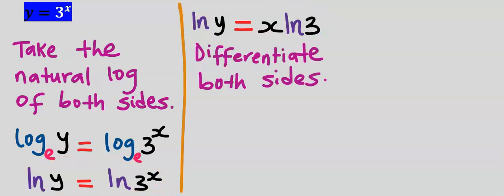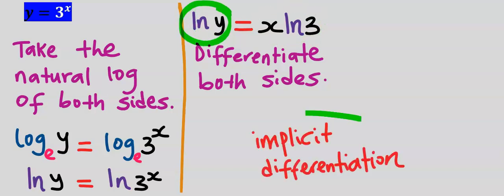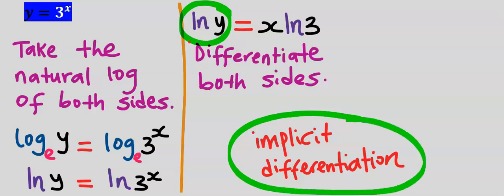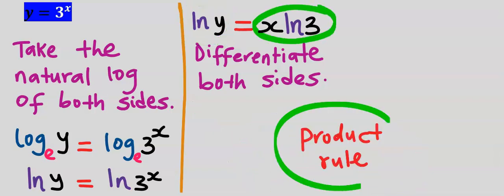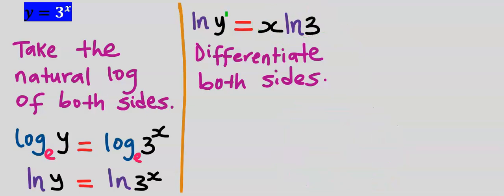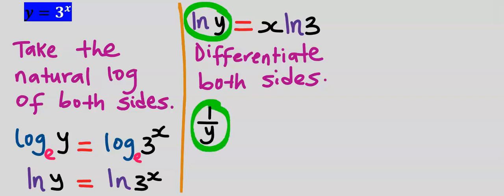Next, we are going to differentiate both sides separately. On this side, I'm going to apply implicit differentiation, while on this side, I'm going to apply product rule. Next, differentiate the natural log of y, and you have 1 over y. However, because you differentiated y and not x, the consequence is that you are going to multiply it with dy over dx, according to the rule of implicit differentiation.